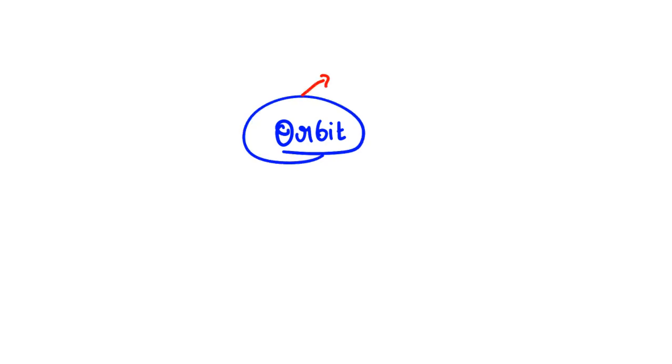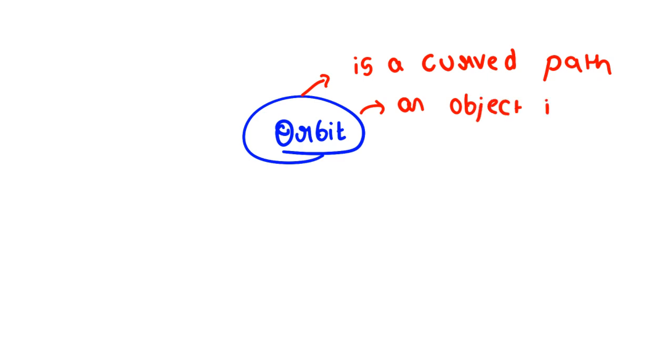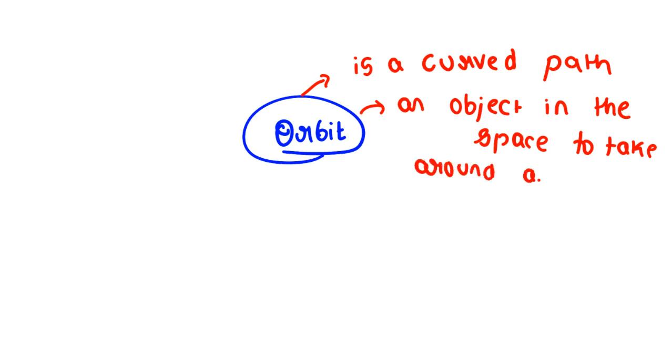First of all, what is orbit? If you see, orbit is called a curved path. Clear? So orbit is a curved path that makes an object in space take around another object.